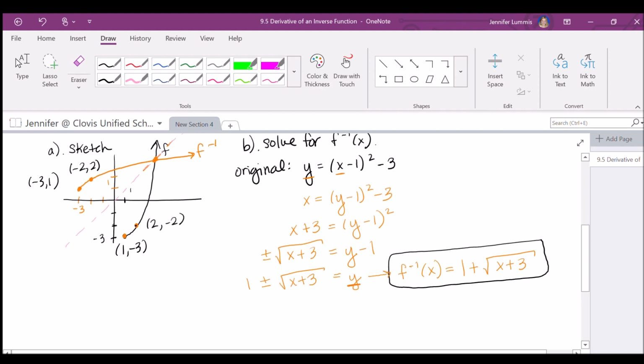So when we list the domain of f, we get values like 1 and 2, and everything greater than 1. X is greater than 1, or we would write 1 to infinity.